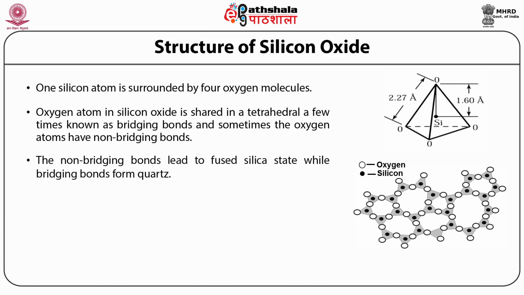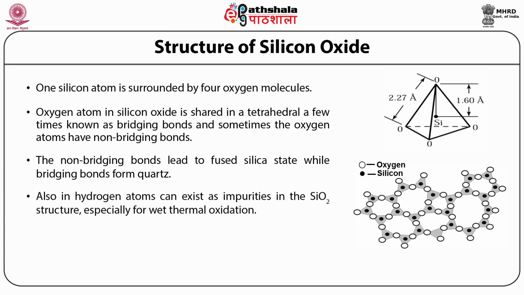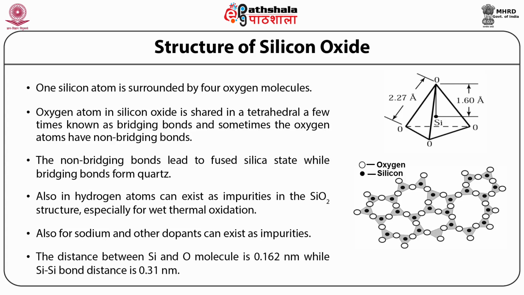The non-bridging bonds lead to the fused silica state, from quartz. Also, hydrogen atoms can exist as impurities in the SiO2 structure, especially for wet thermal oxidation. Sodium and other dopants can also exist as impurities. The distance between the Si and the O atom is 0.162 nanometer, while the Si-Si bond distance is 0.31 nanometer.